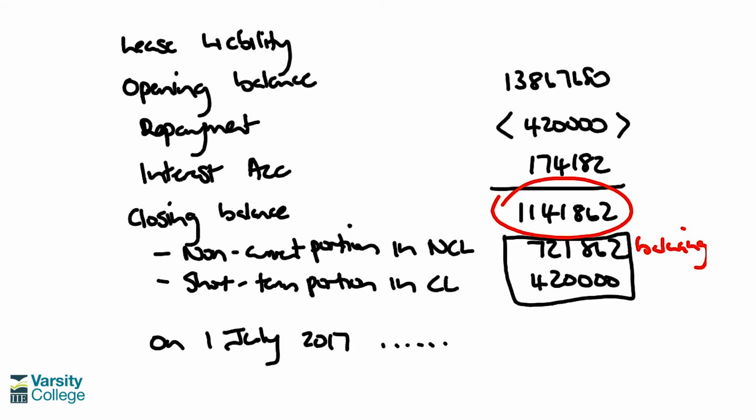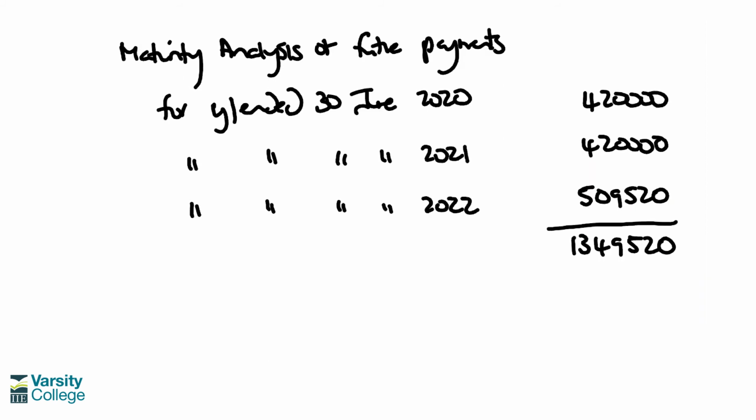But you can clearly see at the moment that it doesn't. 1,349,520 versus 1,141,862. But remember, we're talking about payments, and payments include interest. So what we have to do is subtract the interest component of these payments, and that will then reconcile us back to the 1,141,862.